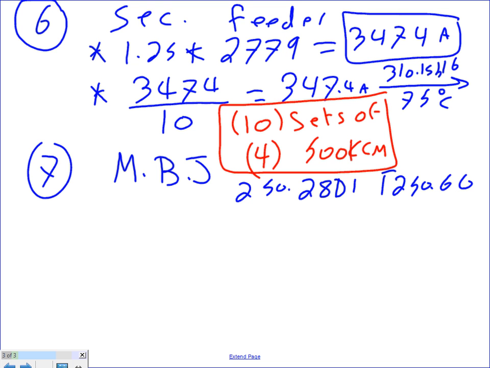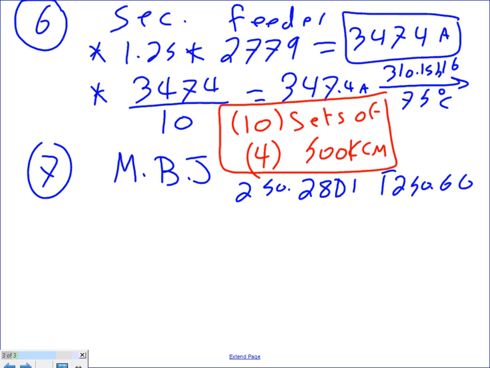Remember how we did that? The main bonding jumper, Jackson, is the one you take the neutral and you bond it to the grounding electrode conductor. Over the size, that's a main. That's a piece of cake.